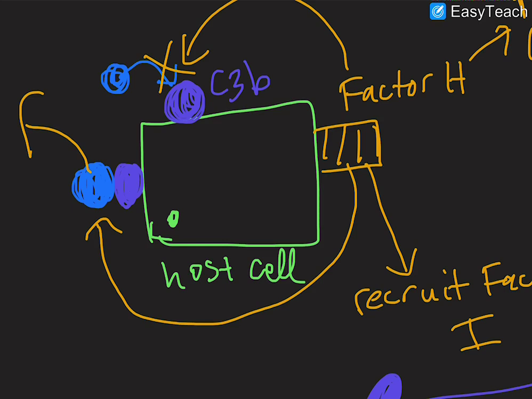What we should talk about next is how do pathogens take advantage of our complement system? And we can talk about certain examples, all right? So let's talk about Neisseria meningitidis for right now.